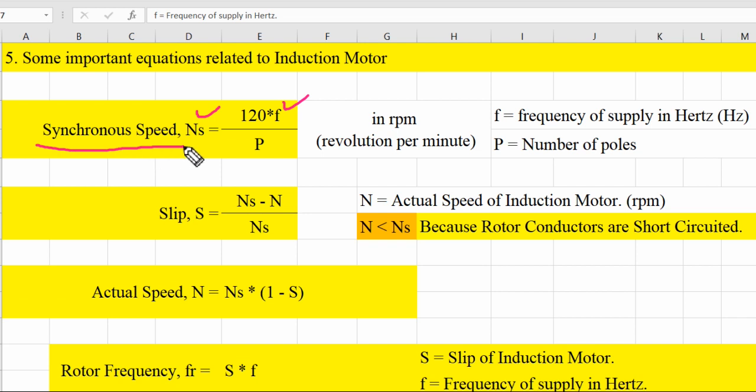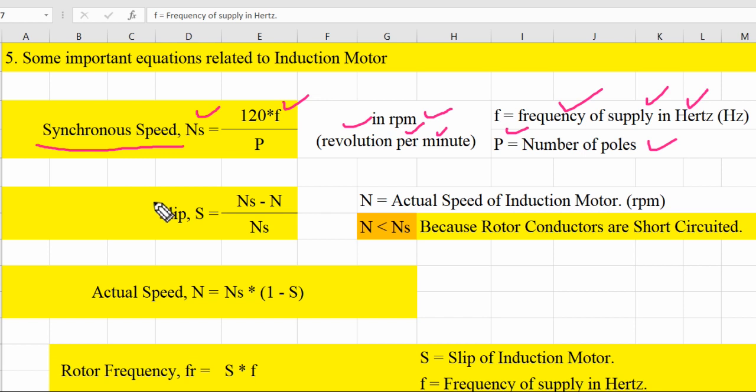That is Ns = 120f/P, measured in rpm, revolutions per minute. Here f is the supply frequency, measured in hertz, and P is the number of poles present in the induction machine.